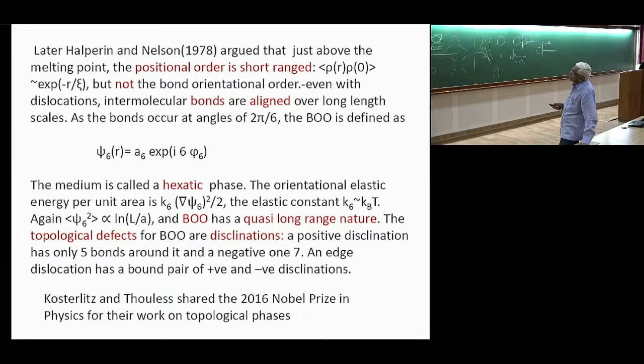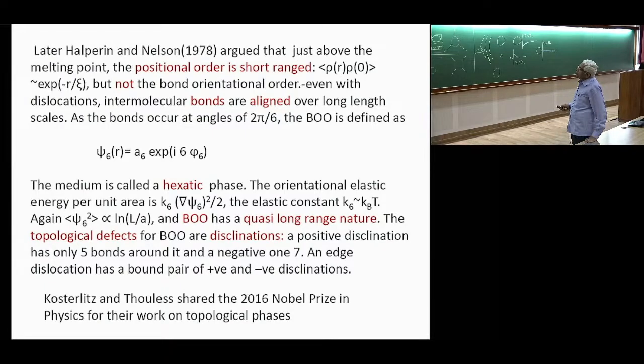The orientational elastic energy per unit area is then some K6 (grad φ6) squared, like the usual elasticity. And the elastic constant K6 goes like kBT, again size squared, and will turn out to be diverging logarithmically with the size of the sample. It's again a quasi-long range order only. It's a two-dimensional system.